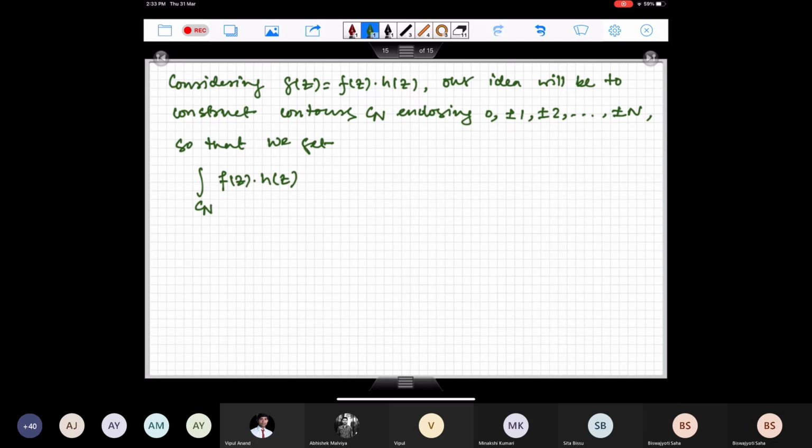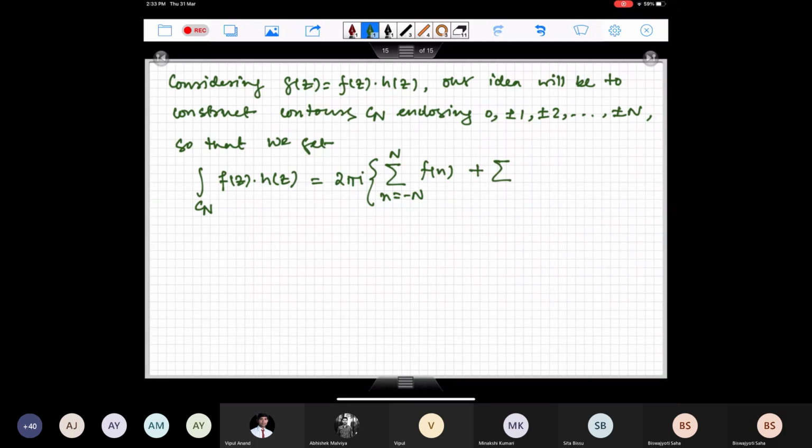this one is going to be 2 pi i times the sum of the residues, n from minus N to N, f(n), and plus something. I was telling you that f needs to be some good function, but to ensure convergence of an infinite series, f might have to decrease fast, and depending on that, f can also have some kind of singularities. So I need to also take into account those.